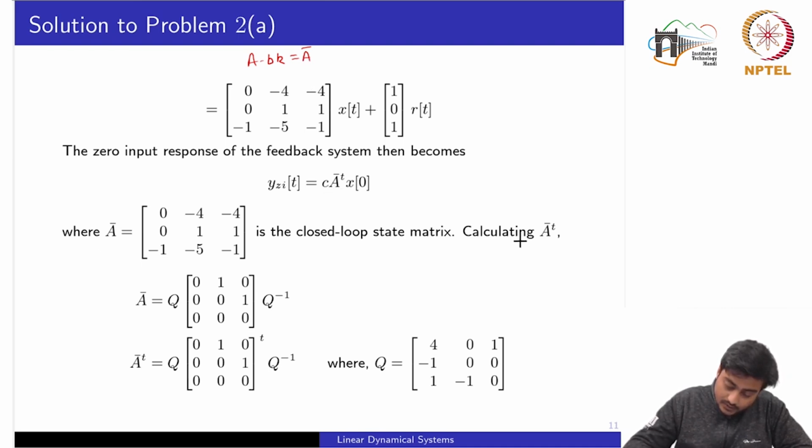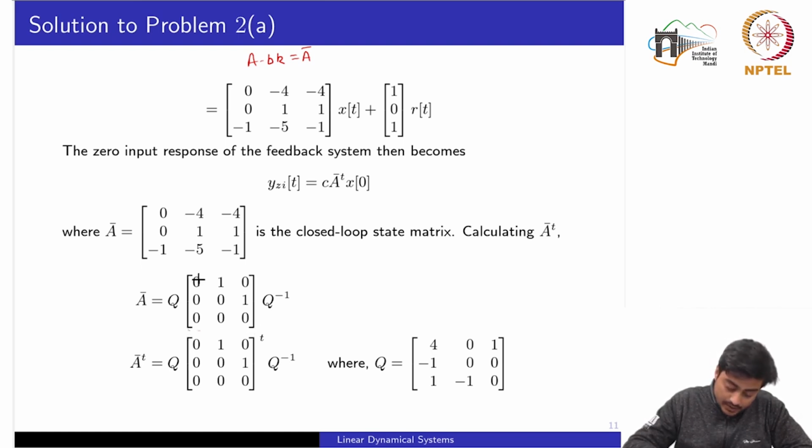Now for calculating this A bar to the power t, we can use different methods. One method we discussed during week 1 is using the Cayley-Hamilton theorem. The second method is by computing the similarity transformation matrix. This is what we have done here by expressing A bar as Q times this matrix, because this should be equivalent to the closed loop state feedback matrix.